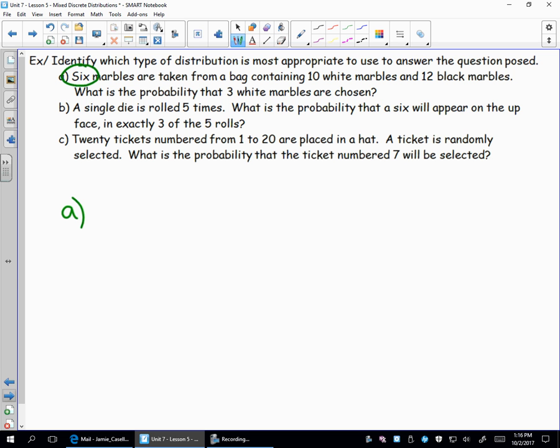So I'm doing it more than once, so it's definitely not uniform. My choices are binomial or hypergeometric. Does my probability stay the same, or does it change? As soon as I take the first marble out, I have fewer marbles to choose from. That makes this hypergeometric. It's dependent trials, and they are repeated.